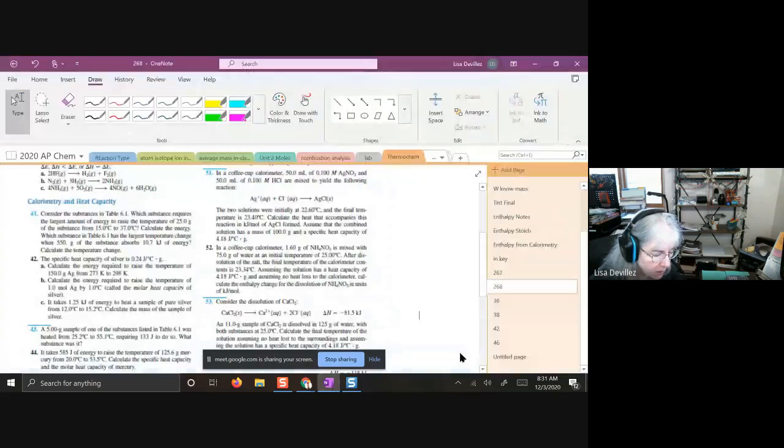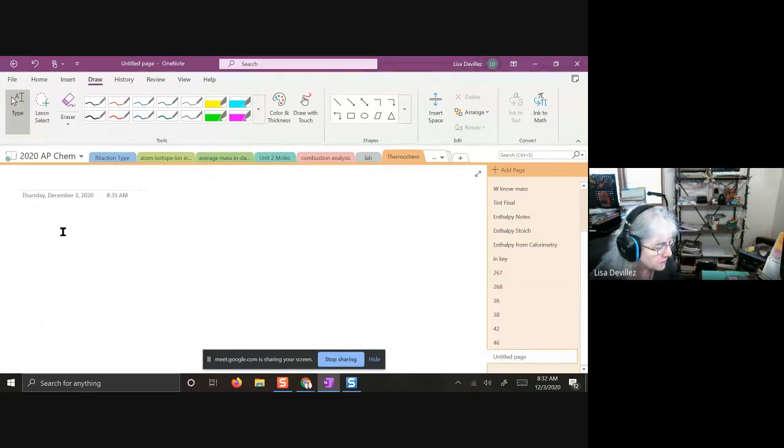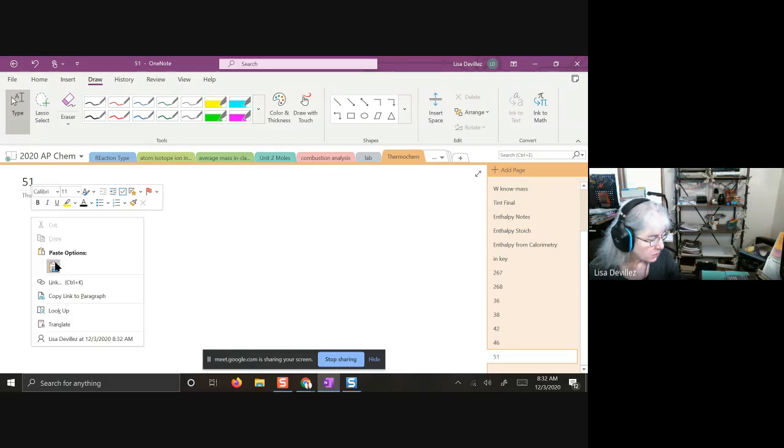We'll be on pages 267 and 268. Out of the ones that I assigned today, I tried to do one of each type, and then there'll be a couple that you should be able to do on your own, which hopefully some of these you'll be able to.